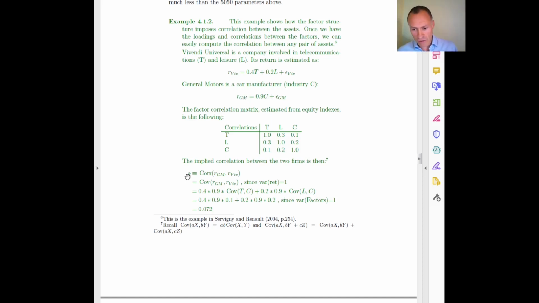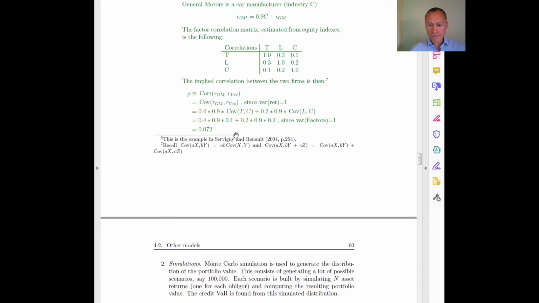If I actually compute the correlation that comes from these expressions with this correlation matrix, I get a correlation of 0.072. You can go through these steps at home. This is just using the properties of variances and covariances and so on. Again, the point is to show that these structures impose correlation between the two firms.